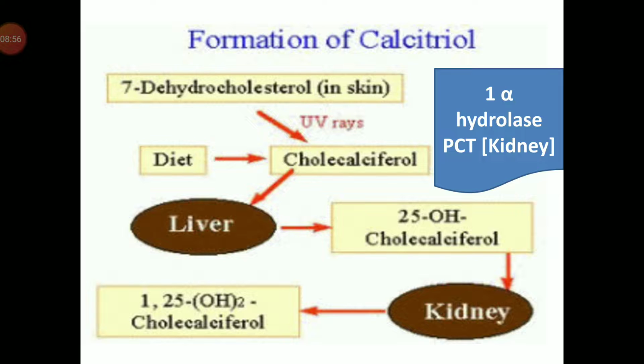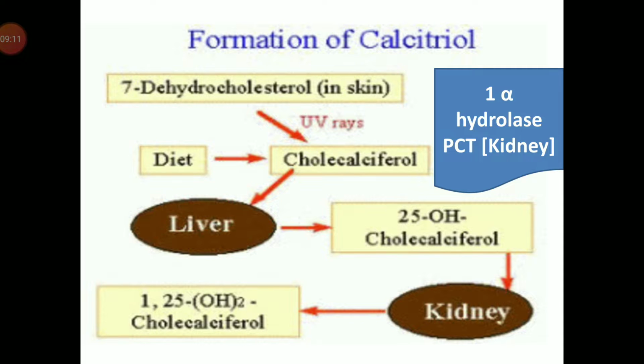Though via the action of UV rays on the cholesterol present beneath our skin, or via the diet, vitamin D may be synthesized in our body, that vitamin D is in the inactive form.